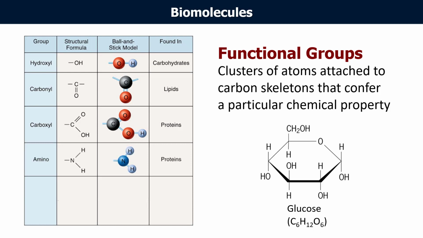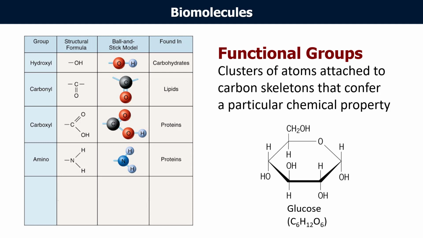Another group is the amino group. It sounds a little bit like ammonia. Ammonia would be NH3. This is NH2. So notice there is a nitrogen with two hydrogens attached to it. Nitrogens always have 3 bonds around them. And I probably should have mentioned with those previous that oxygens will usually have 2 bonds around them.